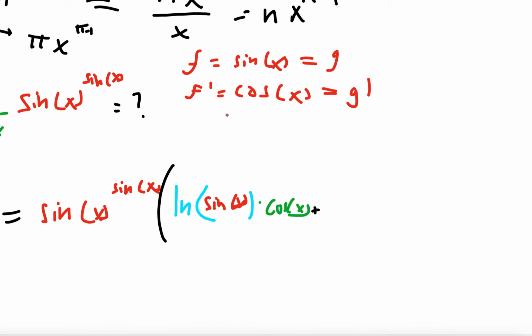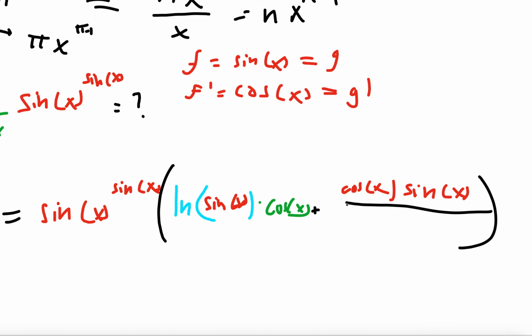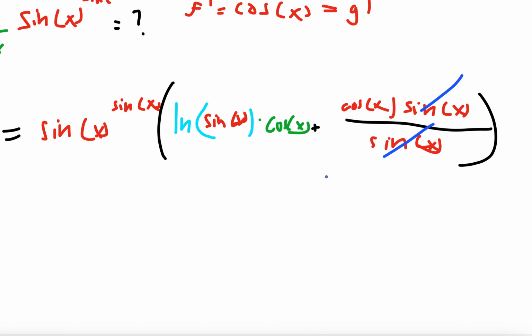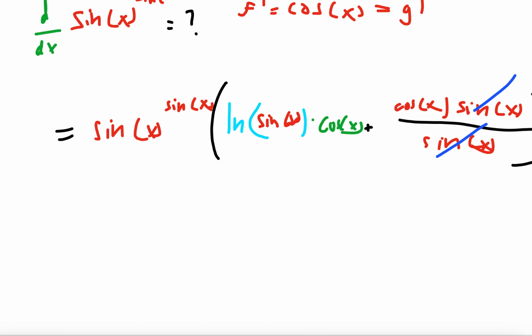So what's f prime on top? It's cosine x, right? And what's g? Well, g is just sine x. So we have cosine x times sine x, and we divide that by the original f, right, which is sine x. So of course you can see here that the sines cancel. And so we can factor out the cosine here, right? This cosine over here can also be factored out.